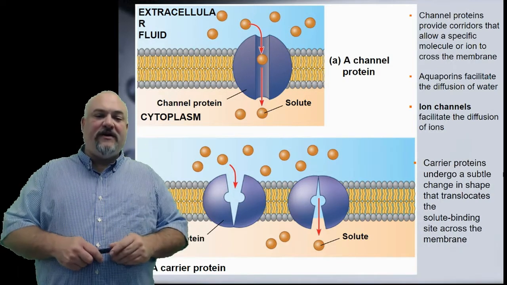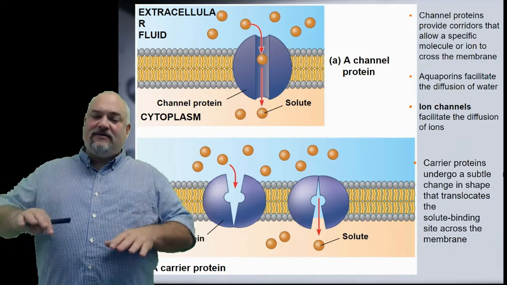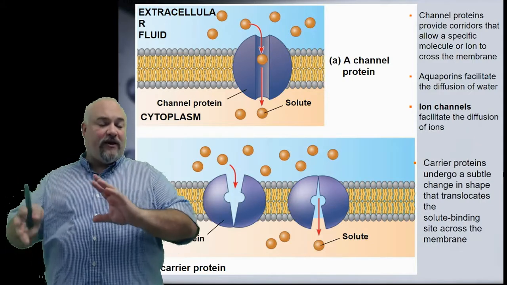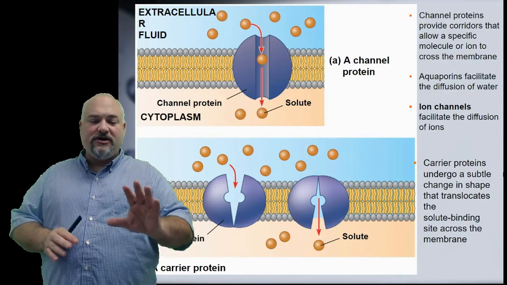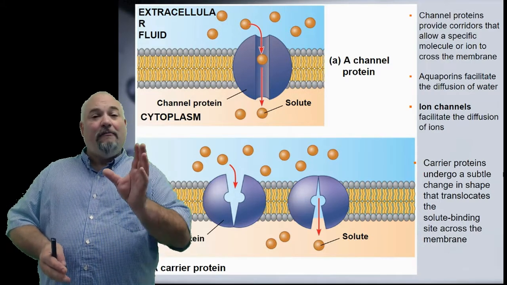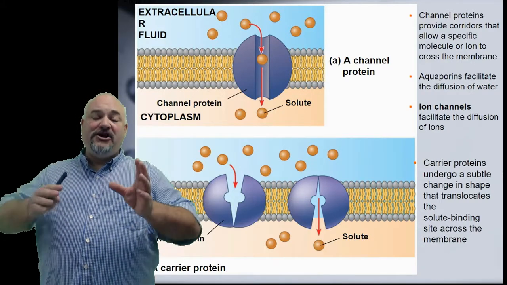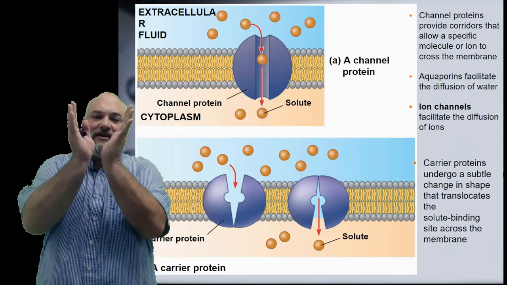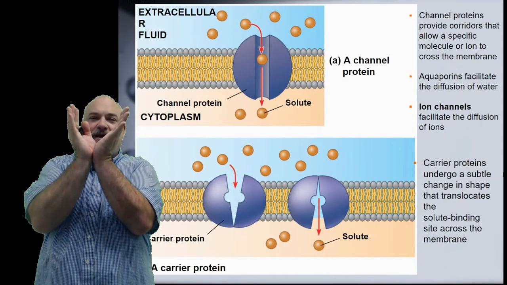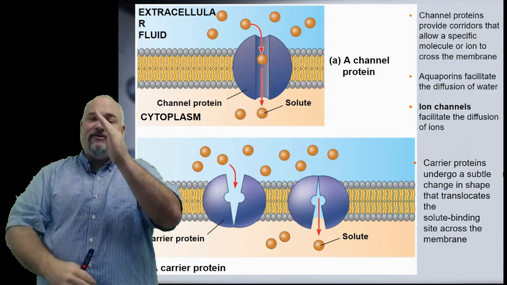Now down below, we can see we have carrier proteins. These are a little bit different. These proteins have a certain shape and polarity, just like the channel proteins do, to be very specific to what they let in or out. But in order to let things in or out, they change shape. Okay, you can see this first one, when the molecule comes in, when it docks with that protein, it then changes shape and it's able to go in.